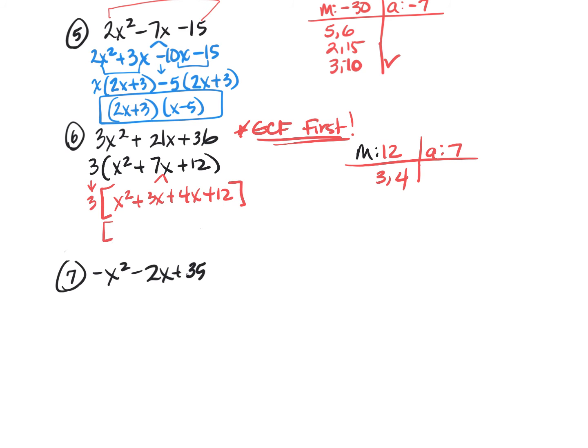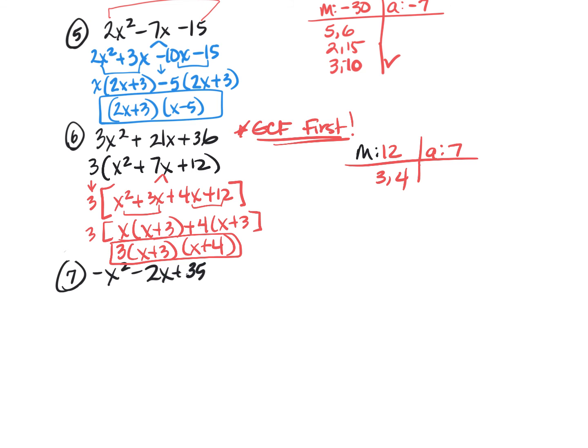Now I can group these two. Taking the x out of the first two terms gives me x plus 3, plus, take these two, 4 times x plus 3. So now I have 3 times, here's my GCF, x plus 3, and what's left over is x plus 4. So don't forget to bring that GCF down all the way through the equation.